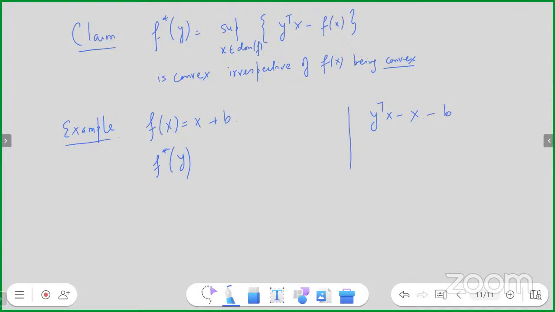For what values of y is this bounded? Still not bounded. Some values of y it is bounded.